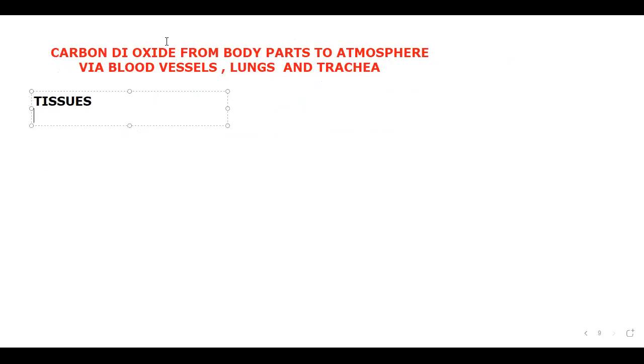So we need to start from tissues. Then from the tissues, systemic capillaries are collecting there. Related to the lungs, we used the word pulmonary capillary. Now I am using here systemic capillary.